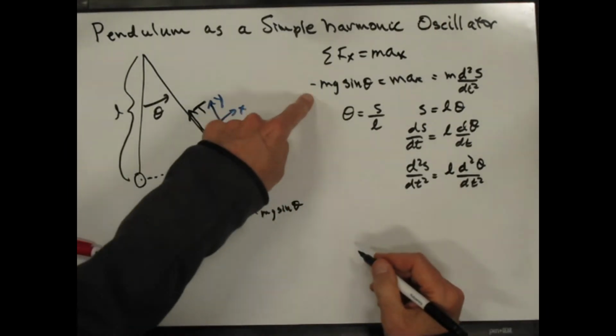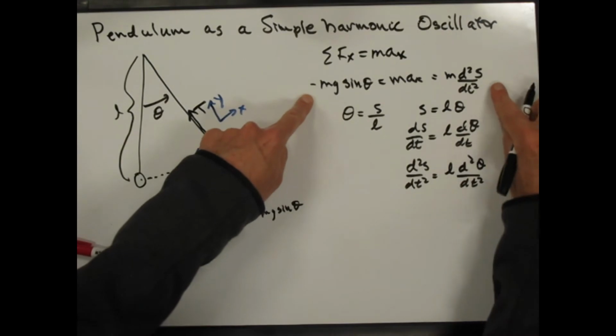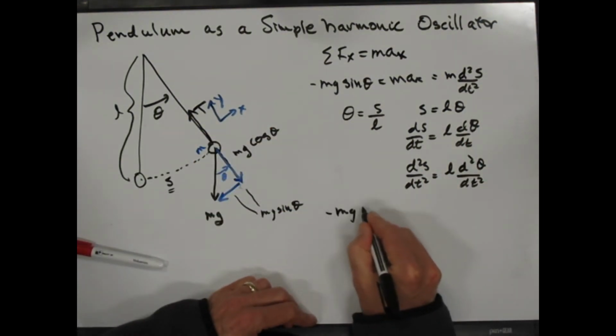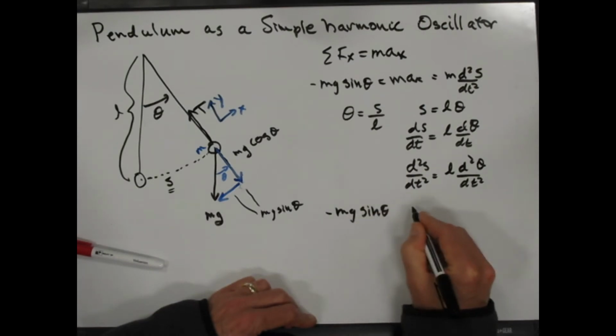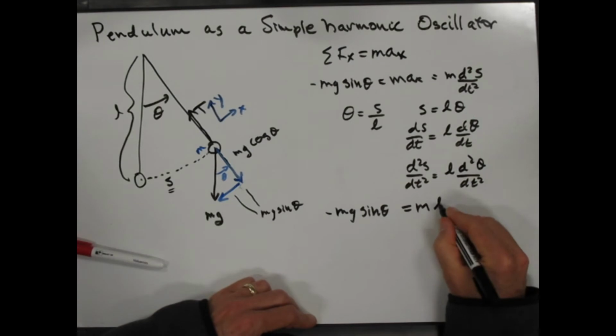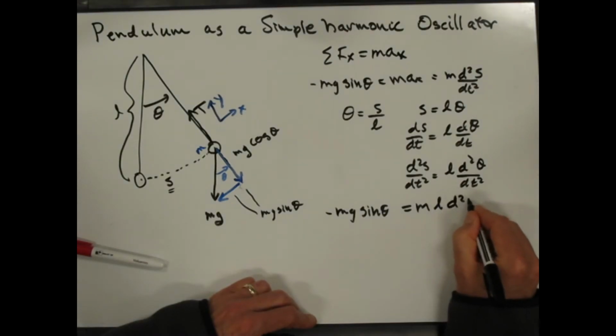So this equation, which equates those two things, becomes minus mg sine theta equals m times d squared s over dt squared, or m L d squared theta over dt squared.